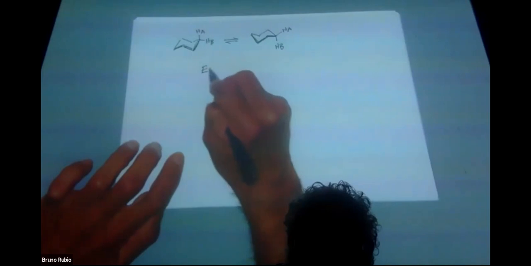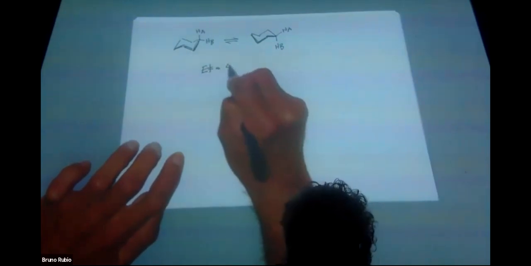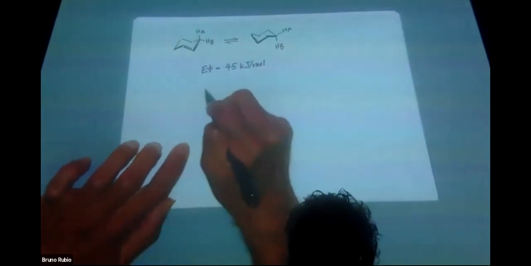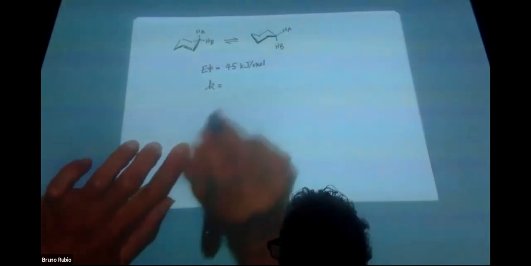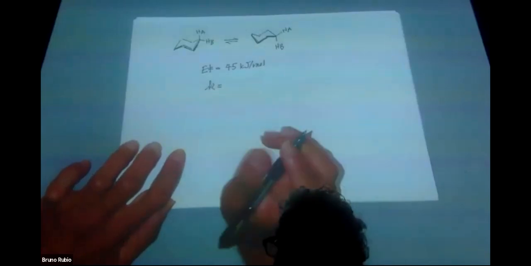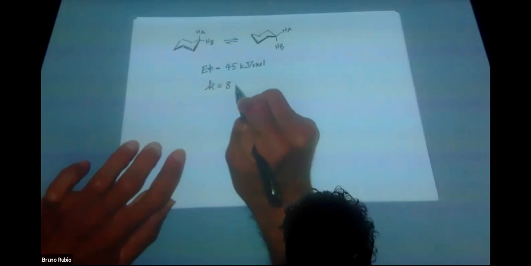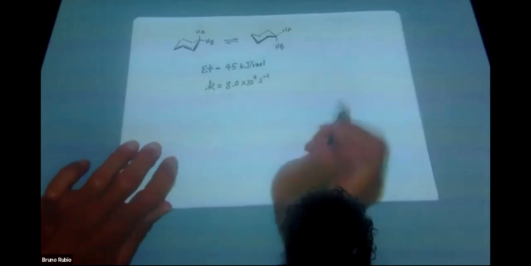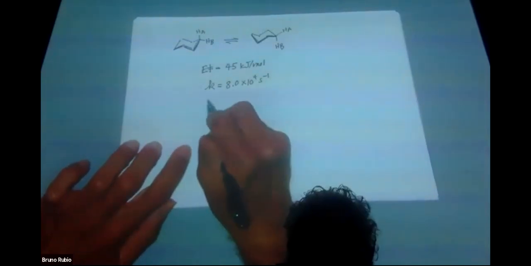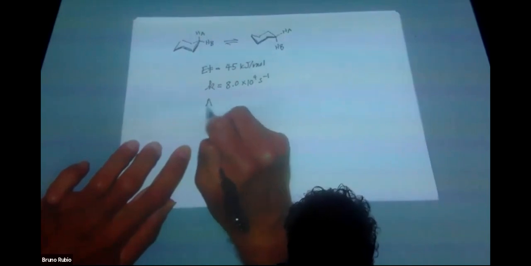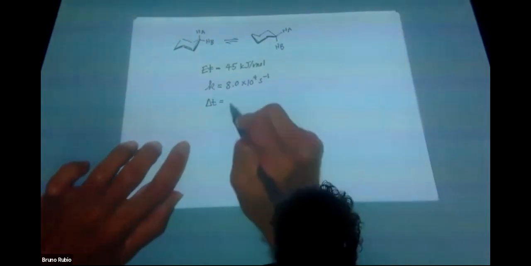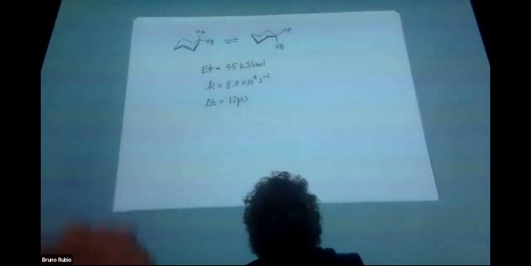Well, the activation energy for this process is about 45 kilojoules per mole. When we plug that into the Eyring equation, we see that the rate constant for this process is 8.0 times 10 to the 4th per second, meaning that the lifetime of the state, delta T, the lifetime of each chair works out to be 12 microseconds.